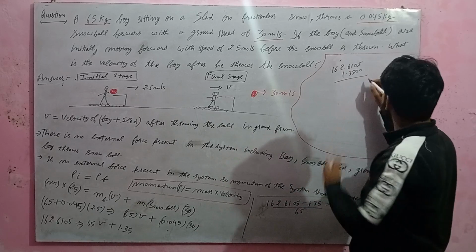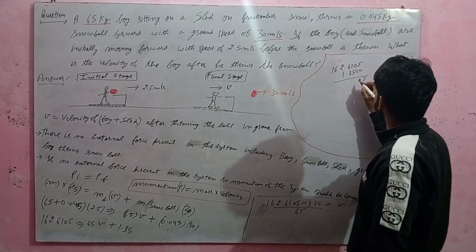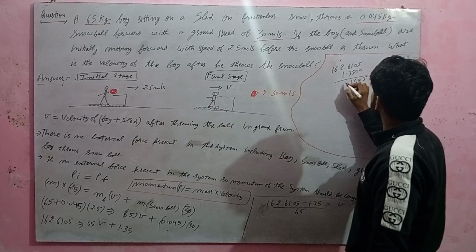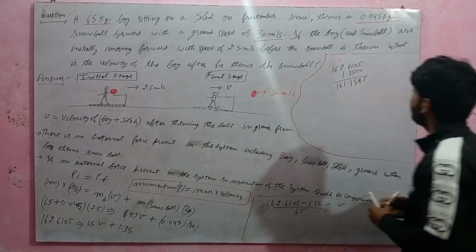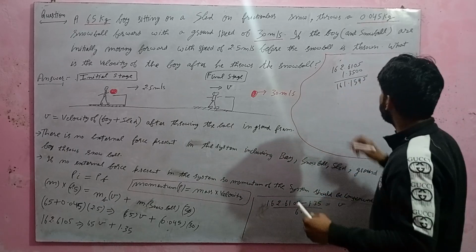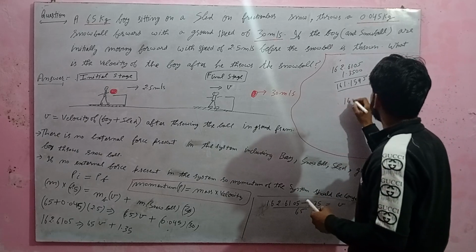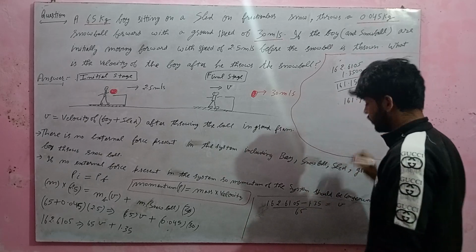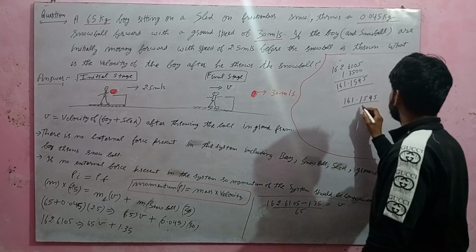Let's solve this. We get that, and this whole term, 161.1595 divided by 65.